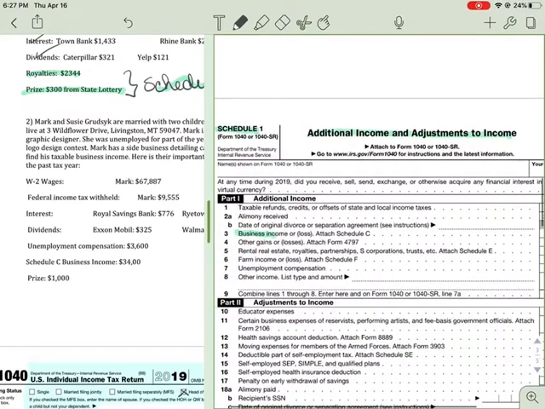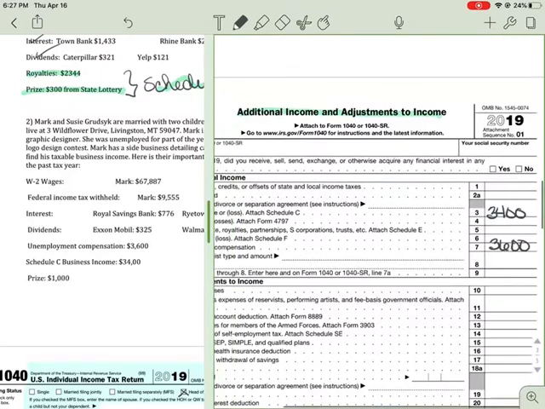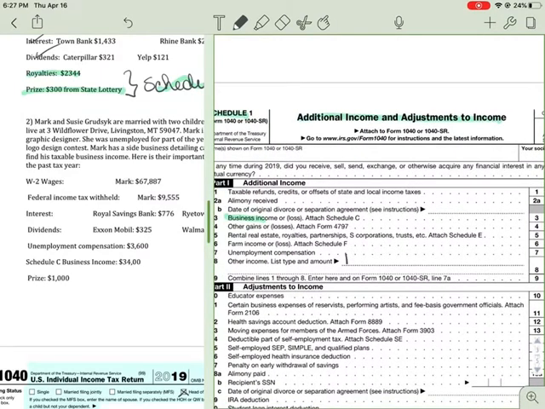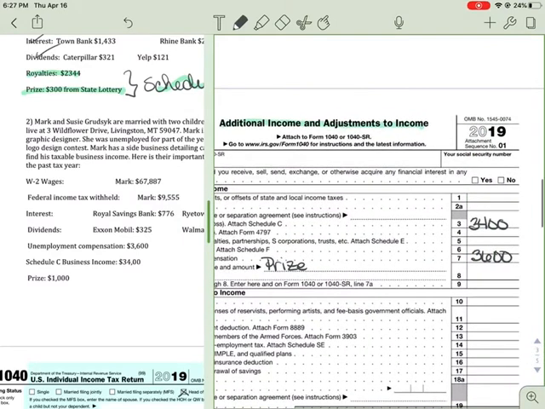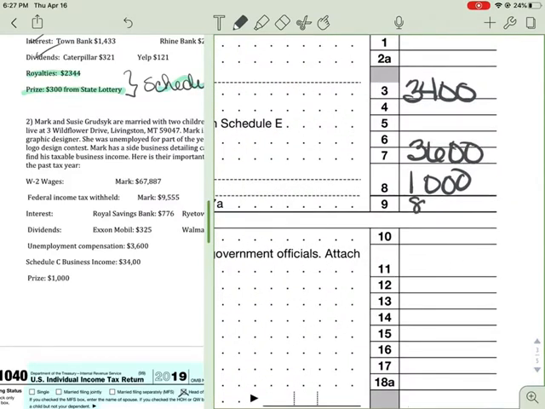They had unemployment of $3,600. And they did have a prize, so I'm going to list that here, and that was $1,000. So we're going to total all that: 3,400 plus 3,600 plus 1,000. I get 8,000 even.